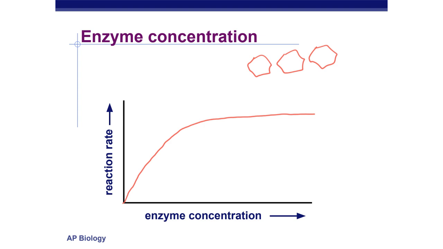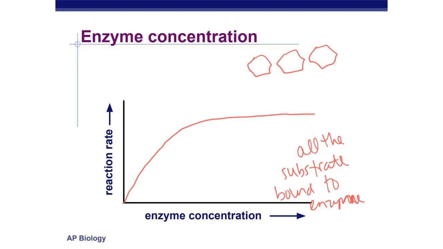Essentially what will happen is all the substrate will be bound to enzyme. It doesn't matter if I keep adding more enzyme. So all the substrate is bound to the enzyme. I can keep adding more enzyme.